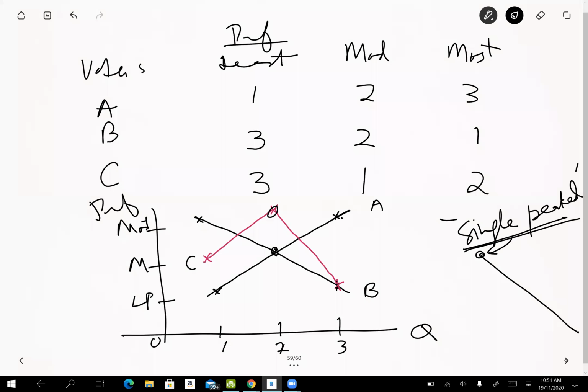So if you look at all these 3 people, look at A. There is 1 peak. Single peak means 1 highest point. If you look at A here, 1 high point.